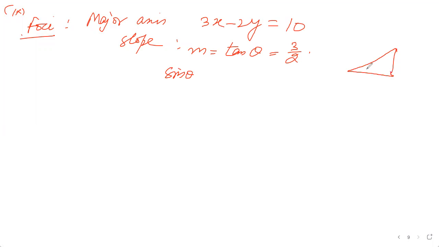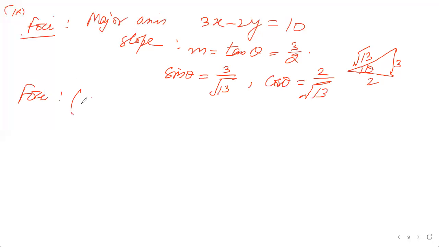तो साइन थीटा इज हाउ मच? अभी आपका थीटा है परपेंडिकुलर अपॉन बेस, है ना, यू कैन फाइंड इट हाइपोटेनियस, इट इज कमिंग अंडर रूट 13। तो साइन थीटा विल बी 3/√13 and cos theta will be 2/√13. So foci alpha plus minus ER1 cos theta and beta plus minus ER1 sin theta.